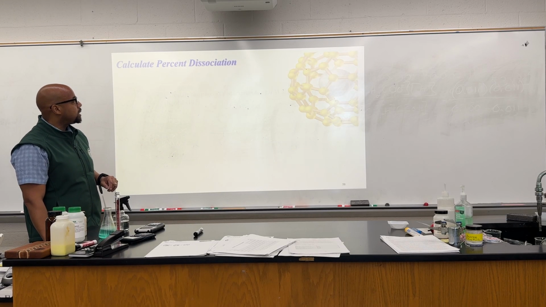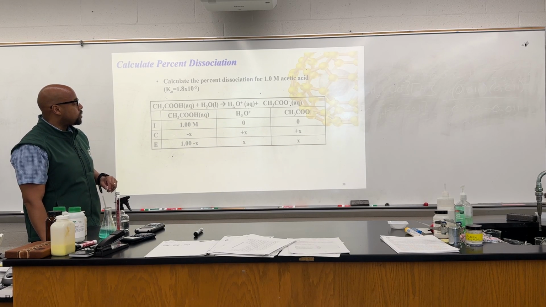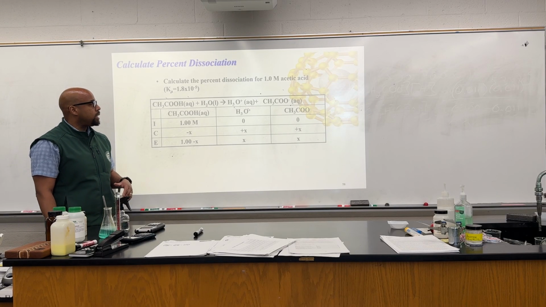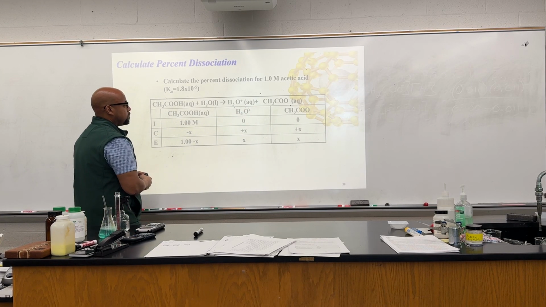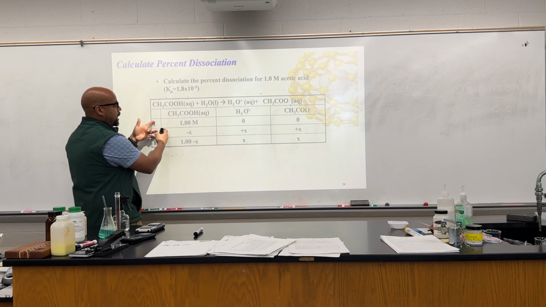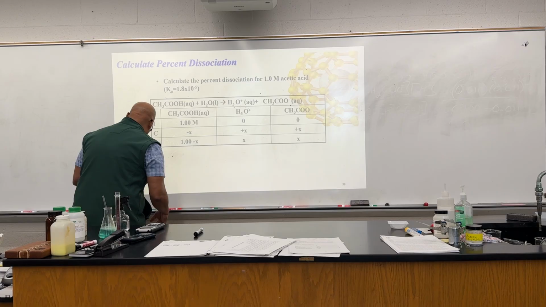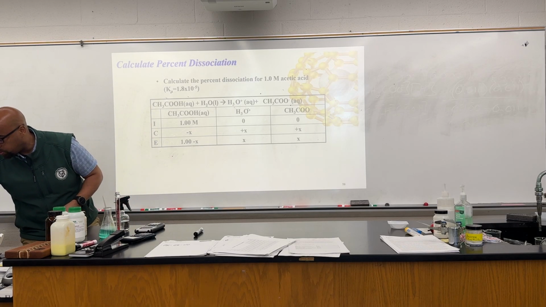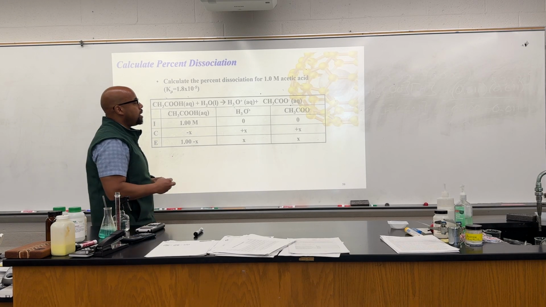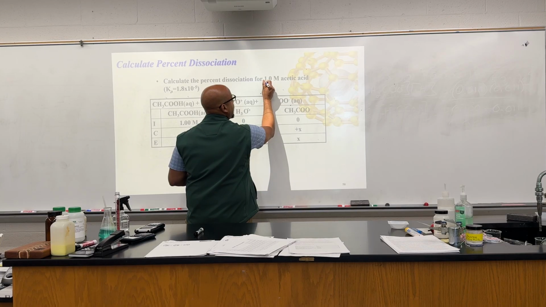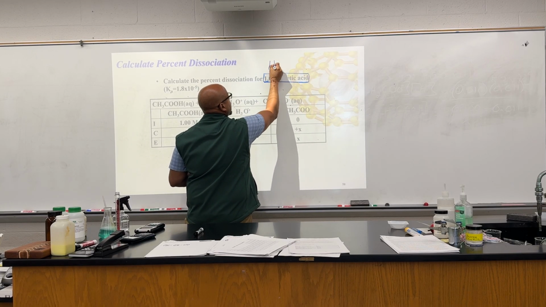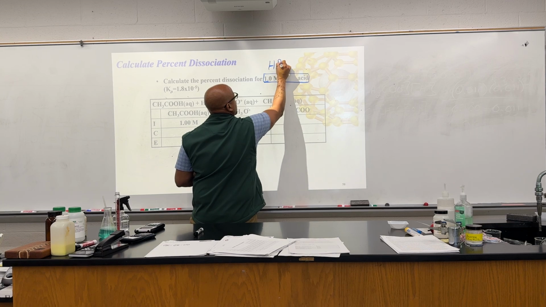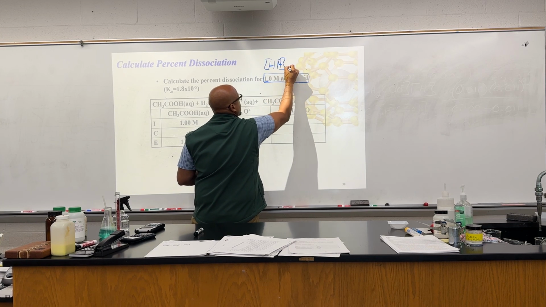So if I have this sort of problem here, and they wanted me to figure out what percent ionization is going to be, then I'm going to set up my equilibrium like we always do. I'm going to go ahead and set up my ICE table that sits right here. And one of the things that we already said is that when it came to equilibriums of weak acids, the concentration that they provide you will always reflect the initial concentration of the acid.